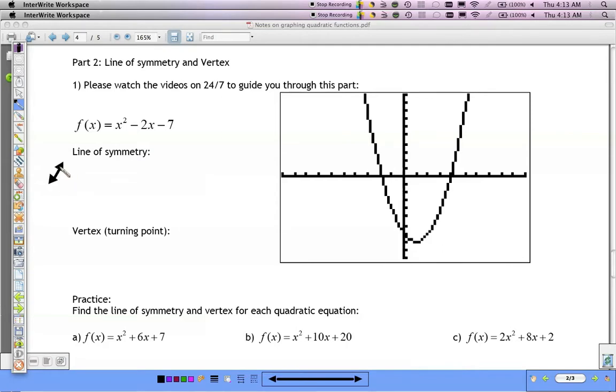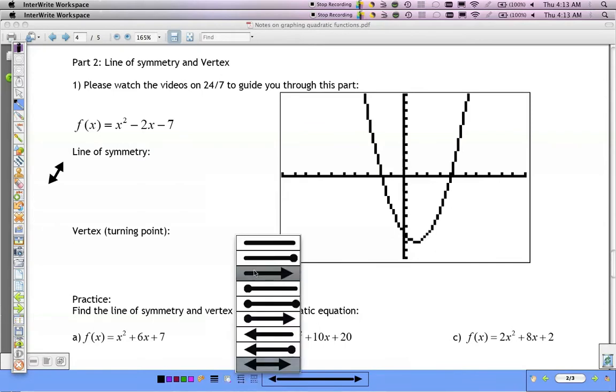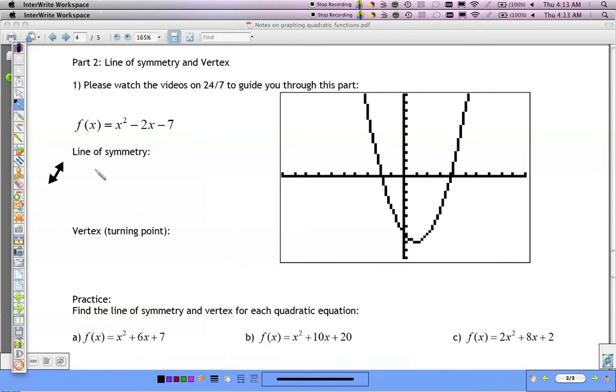Alright, so I want x equals negative b over 2a.